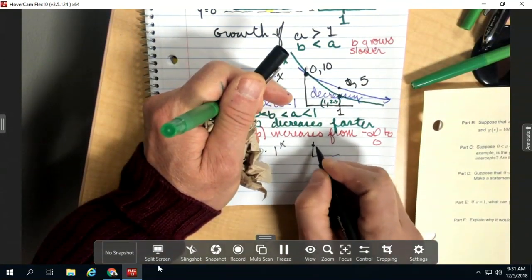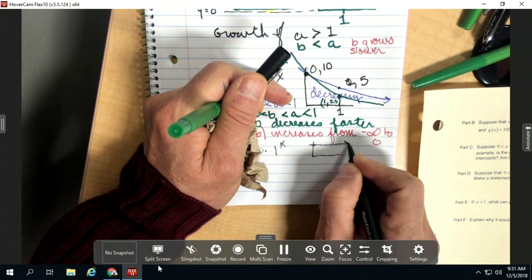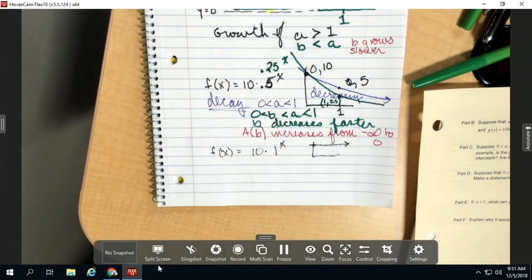It's going to go through 10 and just keep on going. How does that work? Okay, I put $10 into the bank. It earns 0% interest. How much will I have a year later? 10. 2 years later, 10. 3 years later, 10. 4 years later, 10. Got it?